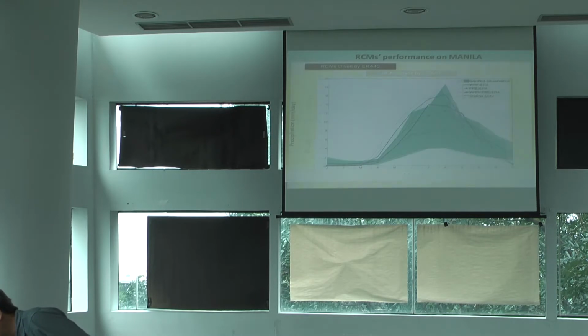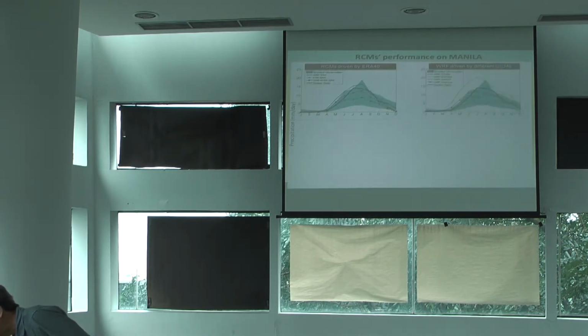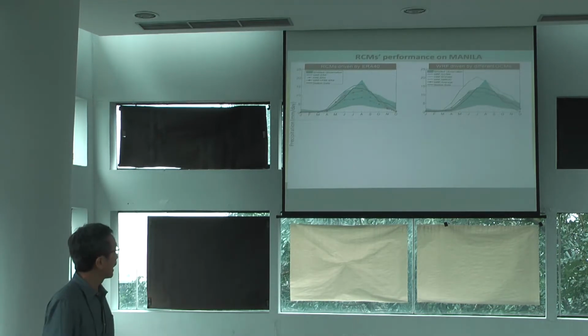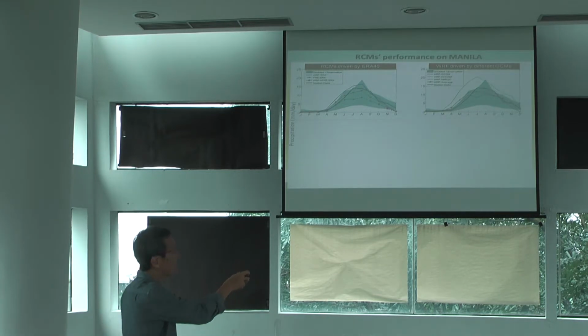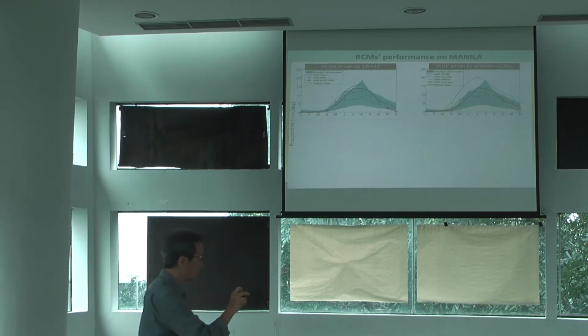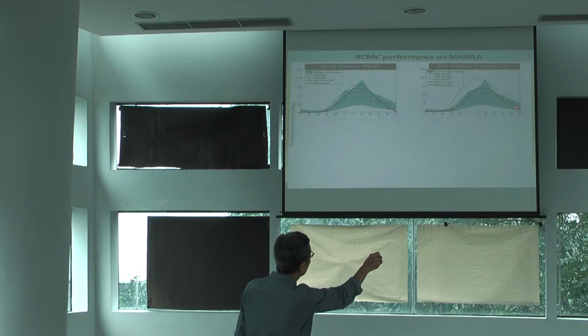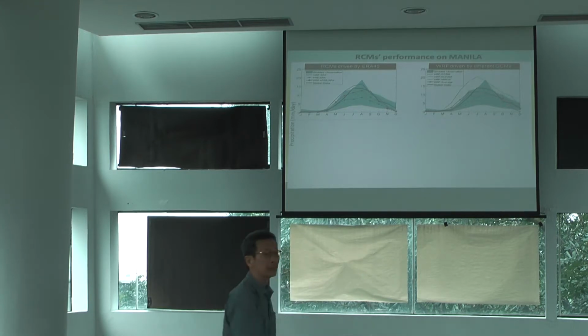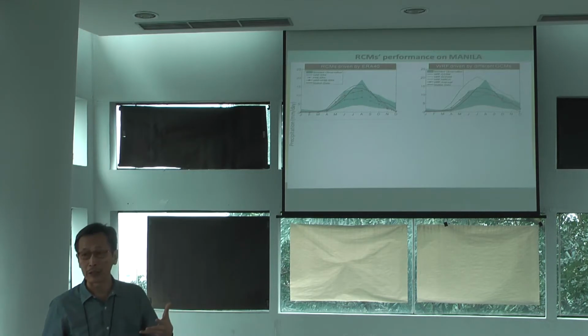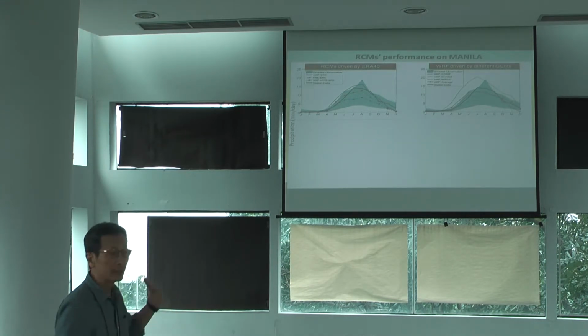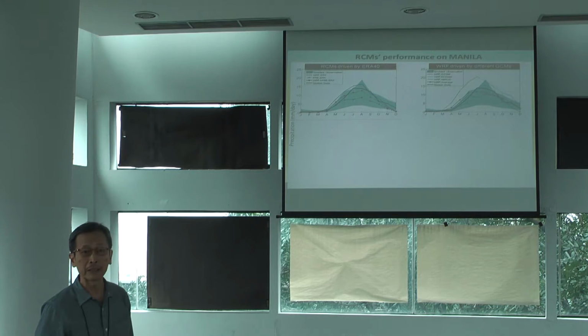And quickly over here again, without too many animations. What you see over here is nothing but the ensemble from WARF driven by different GCMs. But you see over here the final one, the ensemble, is nothing but the red color. And again, out of all the GCMs, after you downscale, if you ensemble them, you get a much better comparison.